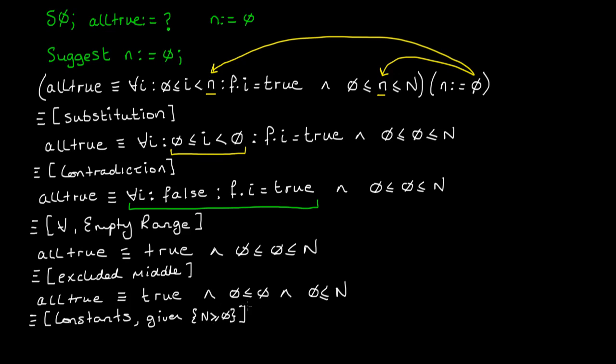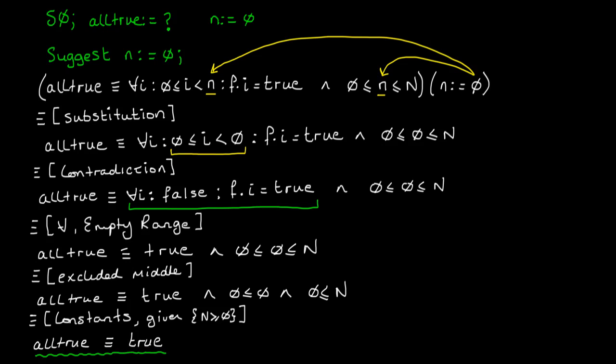So using those facts, I know now that that's going to be true, and that's going to be true, and all true will end up as being true. So we have actually derived the solution for how to initialize our all true variable.